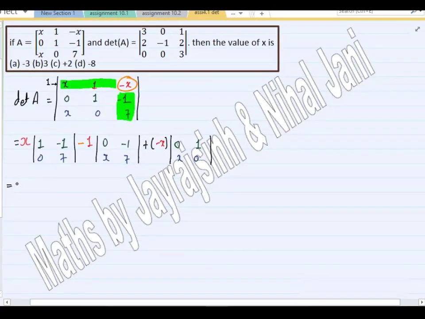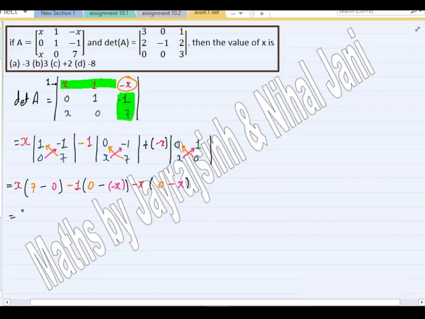Now we have to expand the 2 cross 2 determinants. X will be as it is, and we have to multiply 7 with 1, give us 7, minus 0 into minus 1 give us 0. Similarly, minus 1 will be as it is in the bracket, 7 zeros are 0, minus x minus 1s are minus x, and finally minus x bracket, 0 zeros are 0, x 1s are x, right?